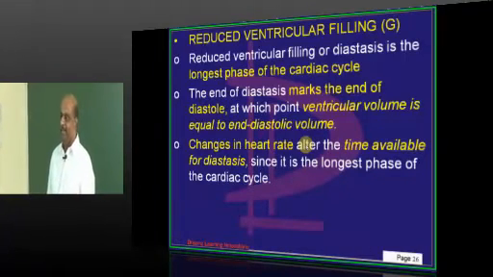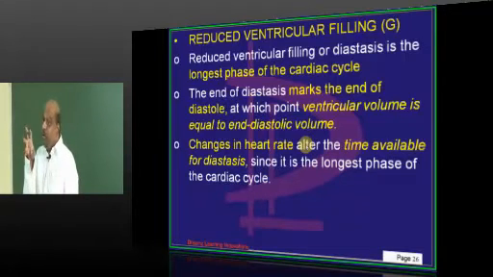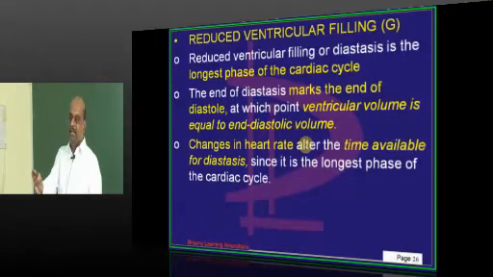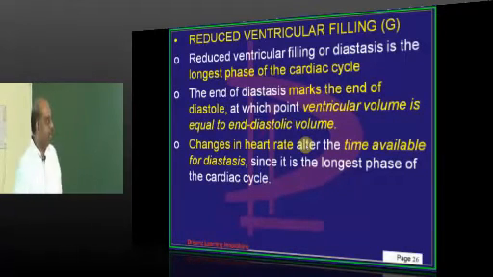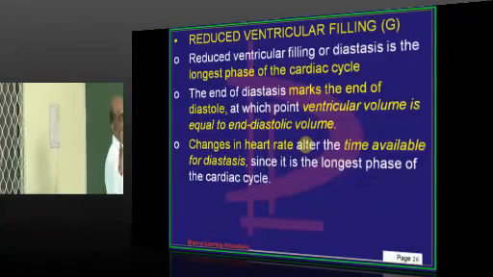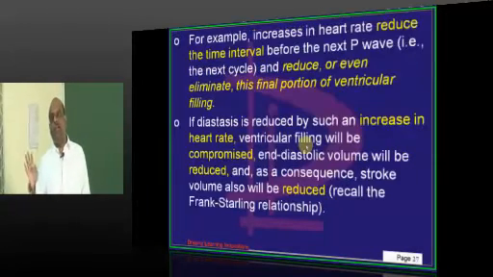No. At the end of the first two-thirds of diastole, without any atrial contraction, whatever blood is remaining in the ventricle is called the end diastolic volume, is what you have to fundamentally remember.